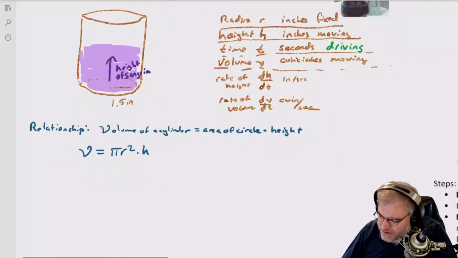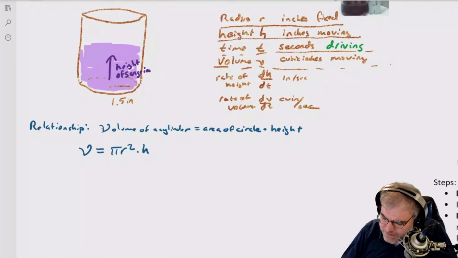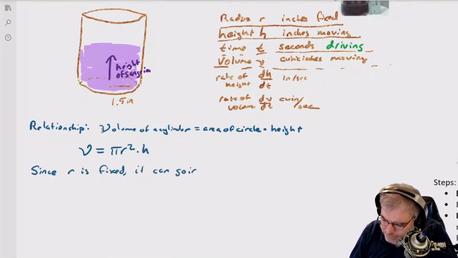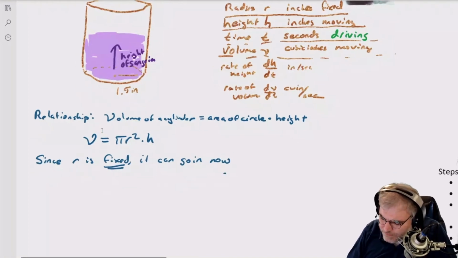So what I'm going to do now, since r is fixed, it can go in now. And that's important. R here is fixed. So what I'm going to do is I'm going to put R in right now.